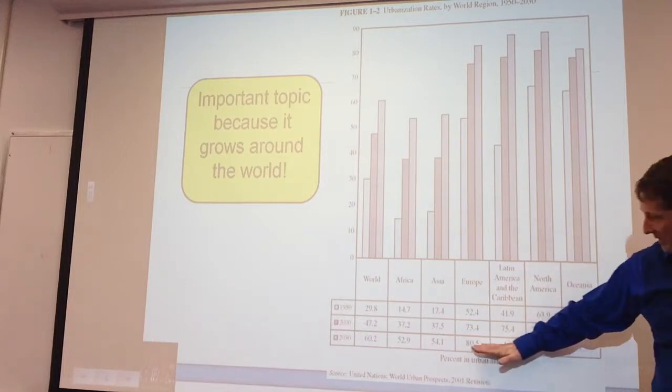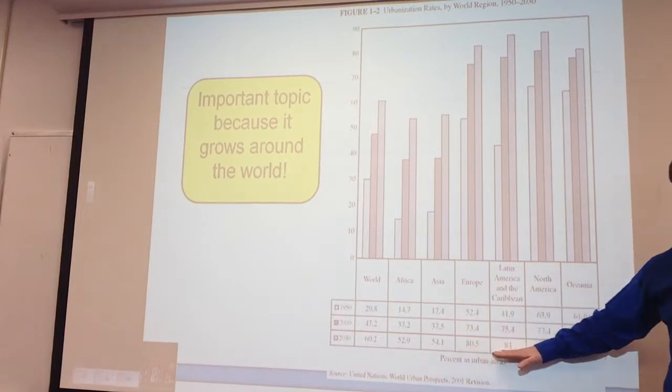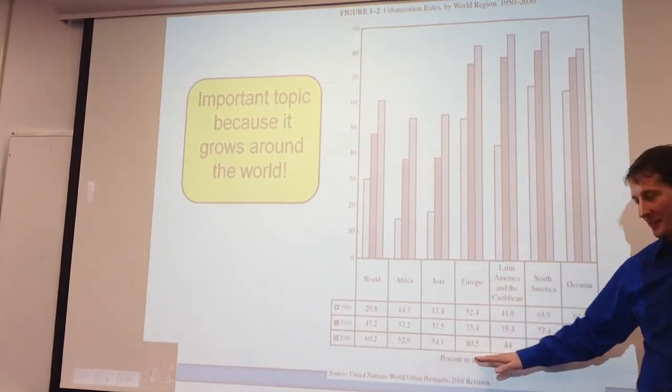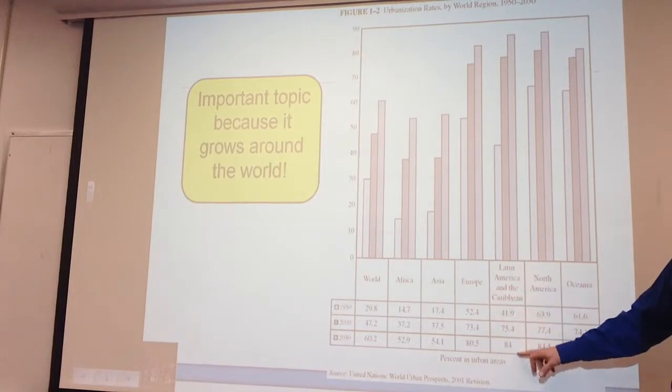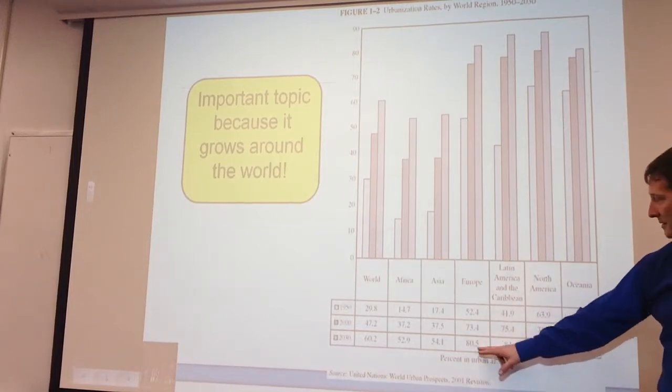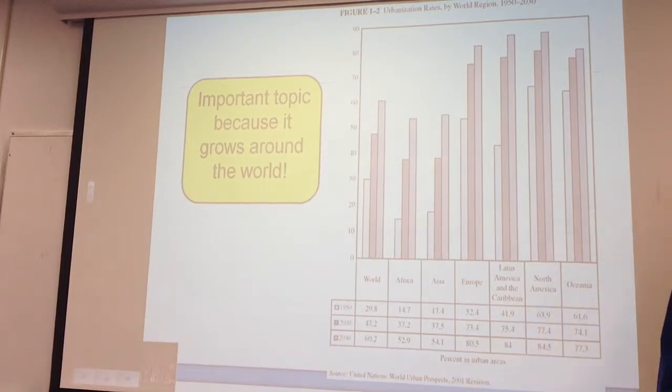And what's kind of interesting here is, do you reach a point where you're maxed out? You see the industrialized area here is Europe, well, Latin America, Caribbean. I mean, that's kind of a mixed bag. But we've got a few of them here in this 80s range.